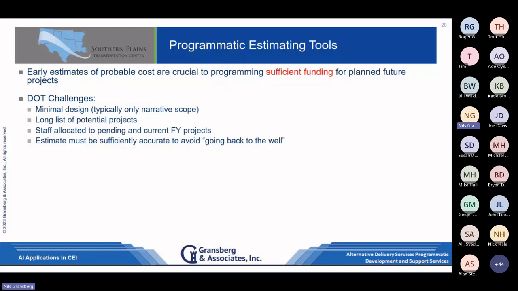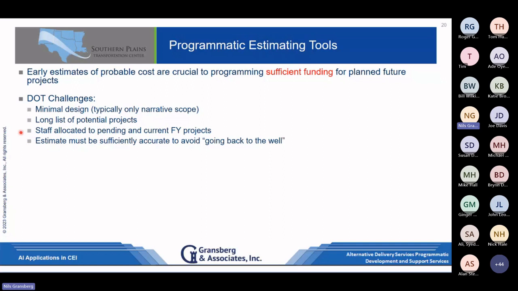One of the things is we always have more projects out there than we can pay for each year. We have more projects than we can get approved to go on that master plan or the STIP each year, so we have to figure out which ones are going to be prioritized. We also have staff challenges. If you're working for a public agency, staffing is a big challenge.